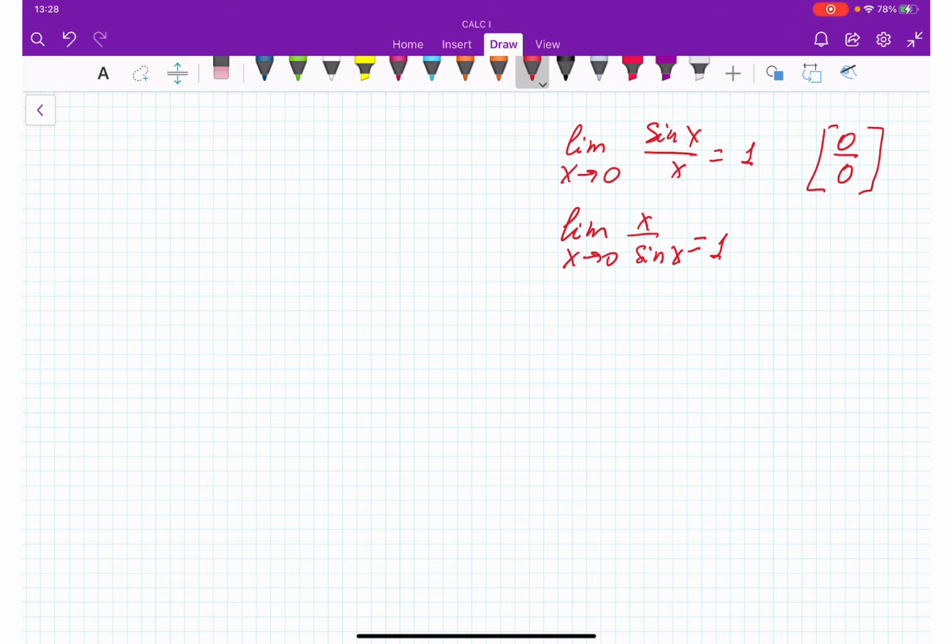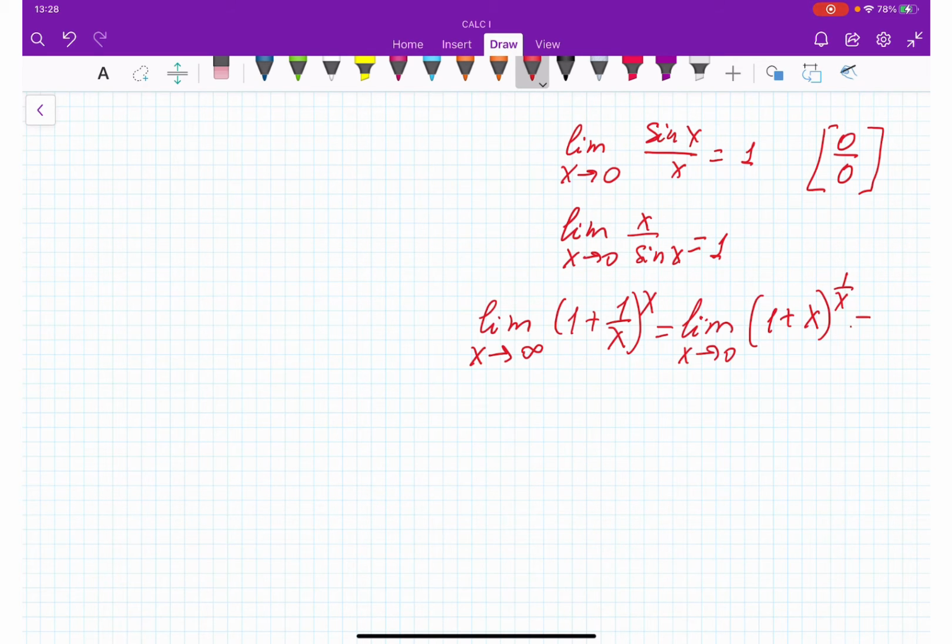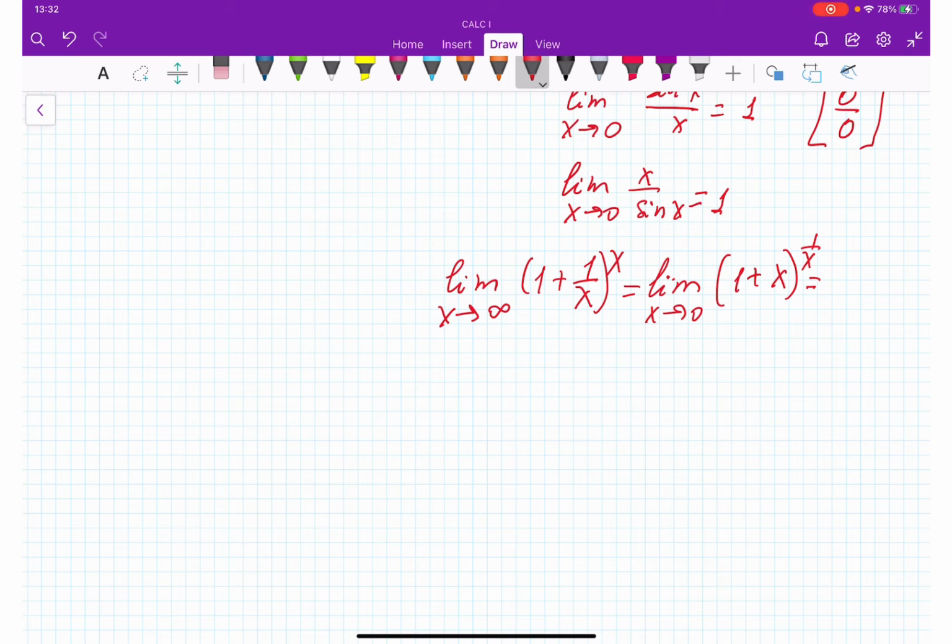that is widely used, and it is the limit as x approaches infinity of 1 plus 1 over x to the power x, or the limit as x approaches 0 of 1 plus x to the power 1 over x, and that is equal to e.